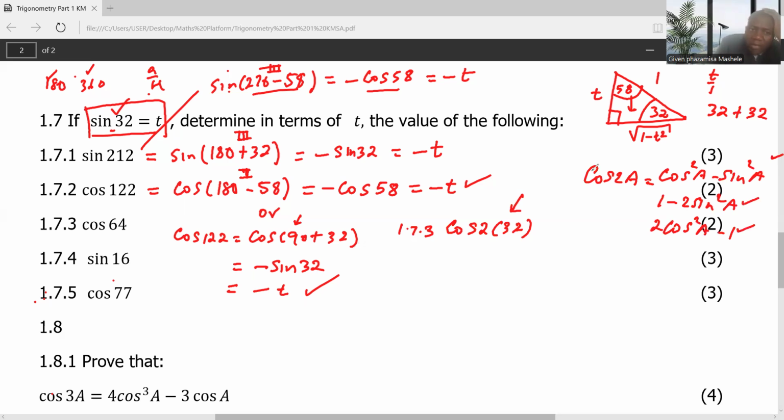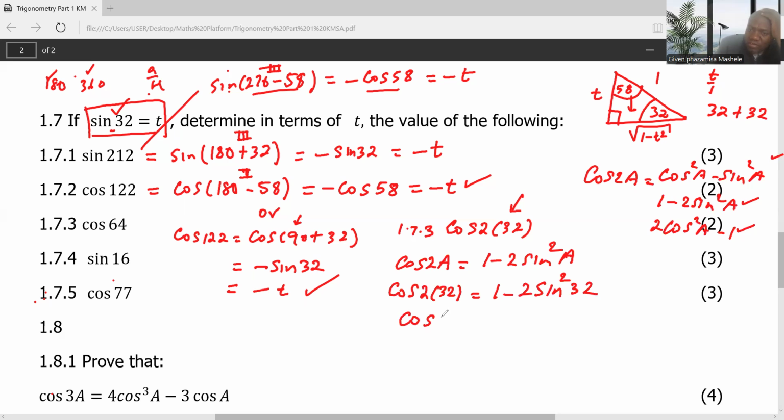Since we have sine 32 as t, we can use cos 2a equals 1 minus 2 sine squared a. Wherever we see a, we substitute by 32, because 2 times 32 is 64.